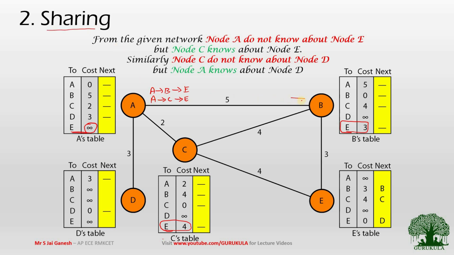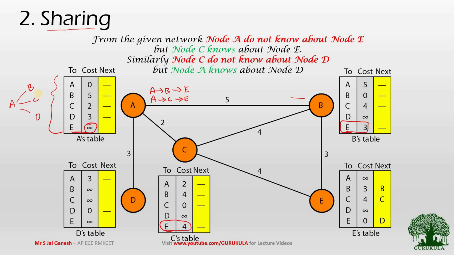So in the sharing stage, each and every node will exchange its initialization table with the neighboring nodes, meaning A will send its initialization table, and this is the initialization table of A, and this copy of the table will be sent to its directly connected nodes. So A will be sending its initialization table to B, to C, and to D, because B, C, and D are the directly connected nodes for A. And based on that, B will be updating its own values, C will be updating its own values.